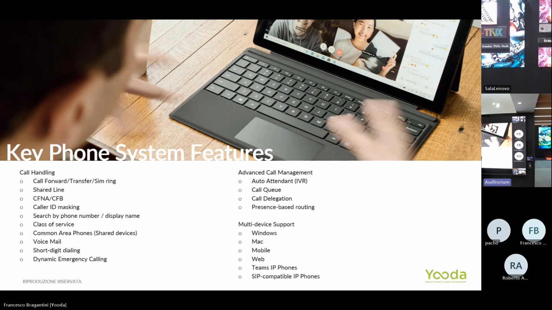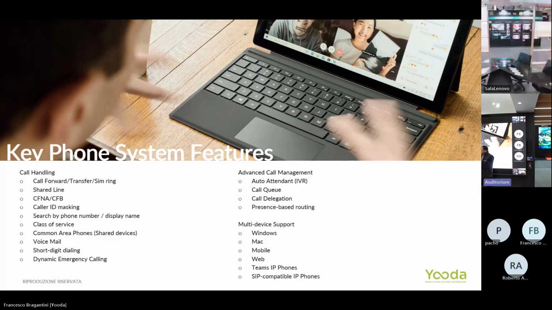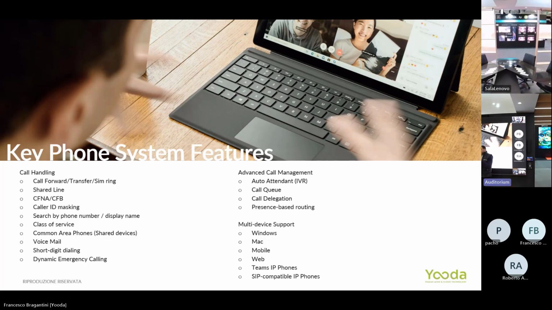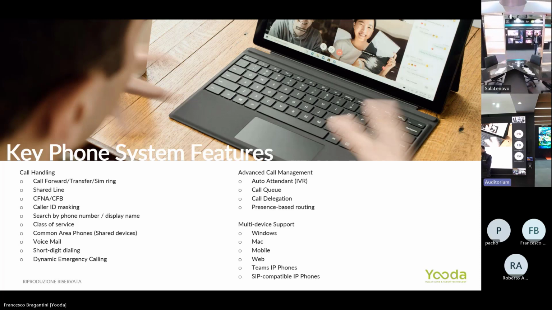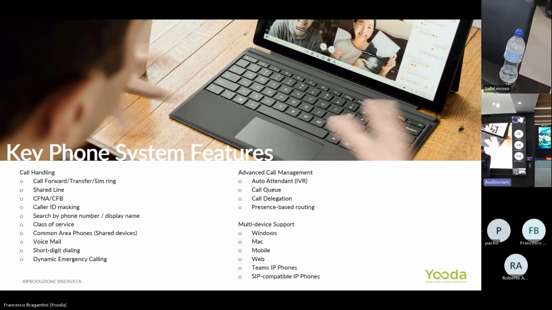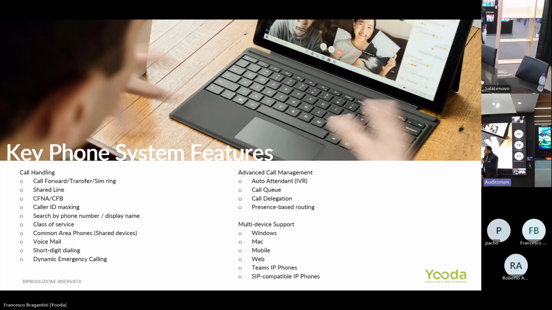For example, short digit dialing is something that you might be used to in your current PBX solution, where you dial a short number to reach your colleague in the other room, or in the building, or in the building in another city.